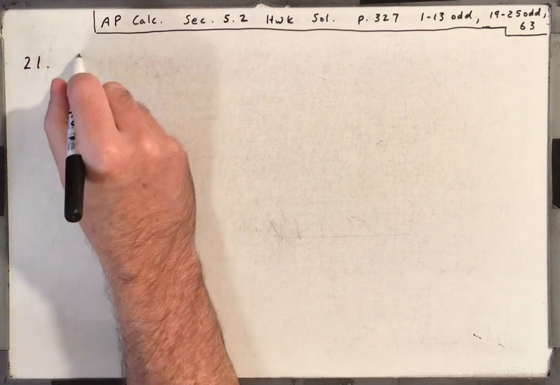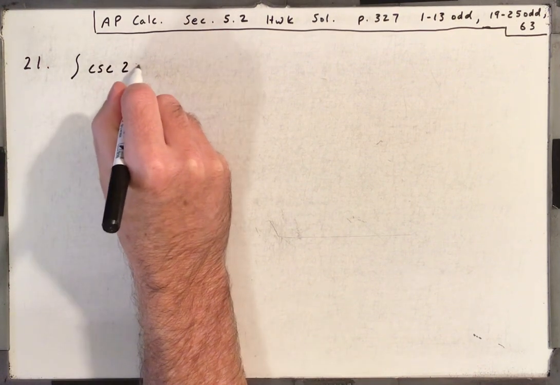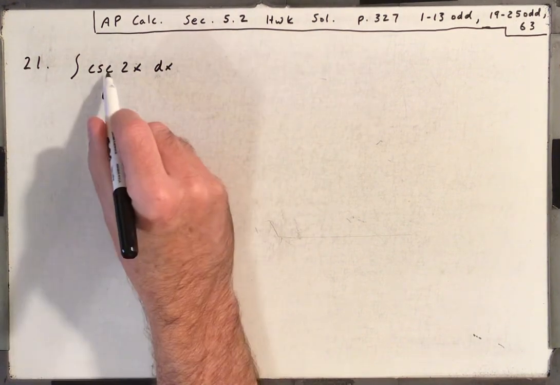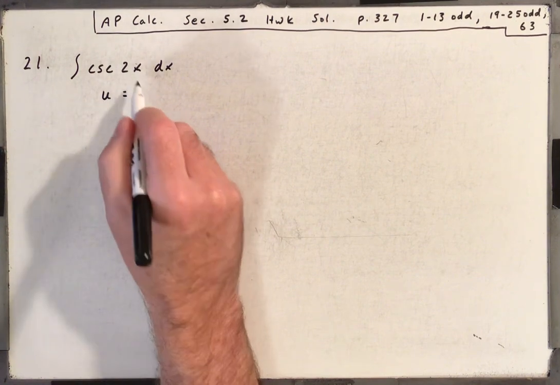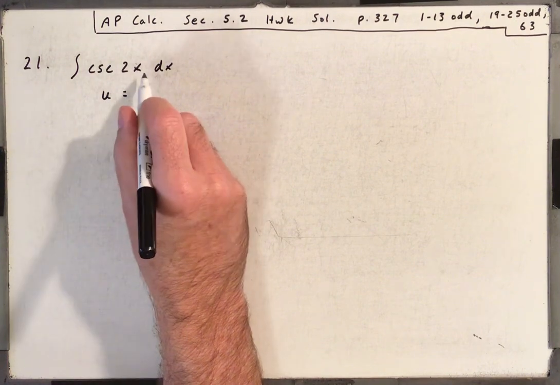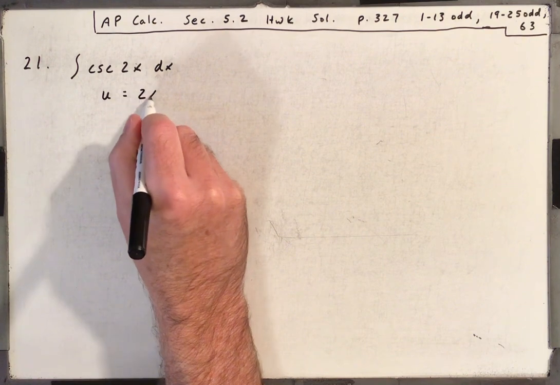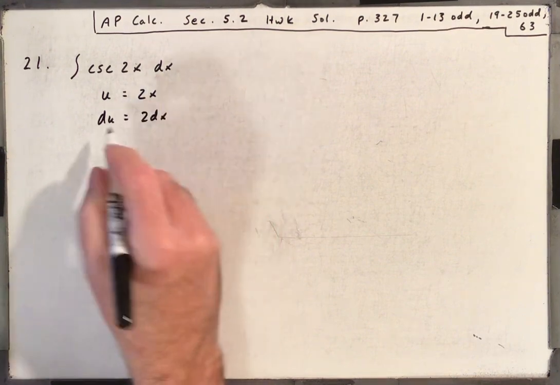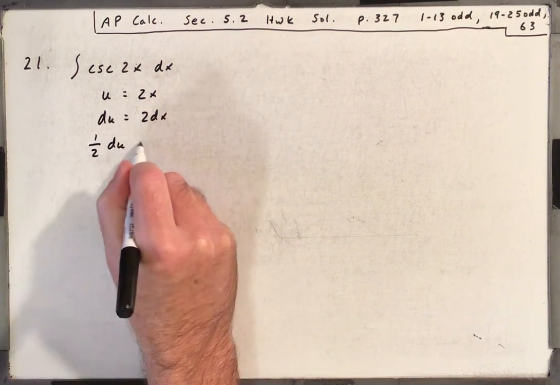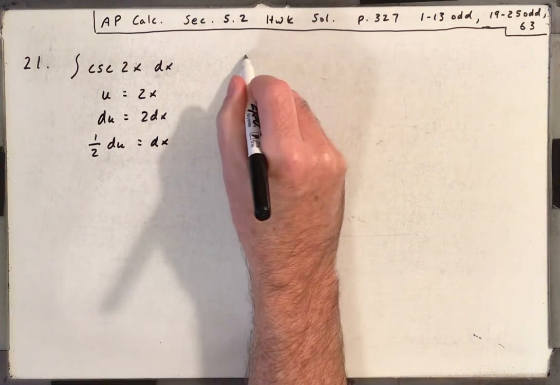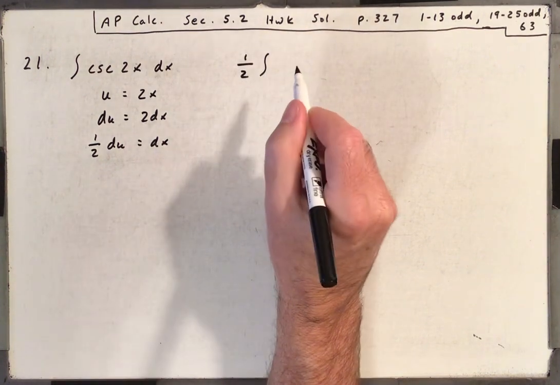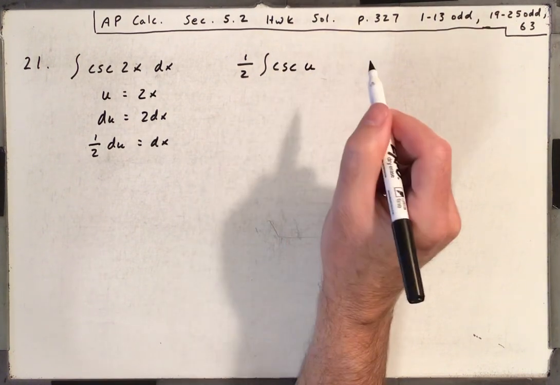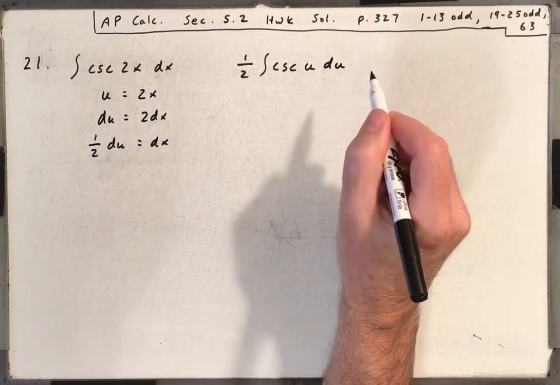Okay, 21, cosecant 2x. We can't plug straight into the formula because it's not x, it's 2x. So u is equal to 2x. du then would be 2 dx. I need it to just be dx, so 1/2 du is dx. You have a 1/2 out front, cosecant u du.